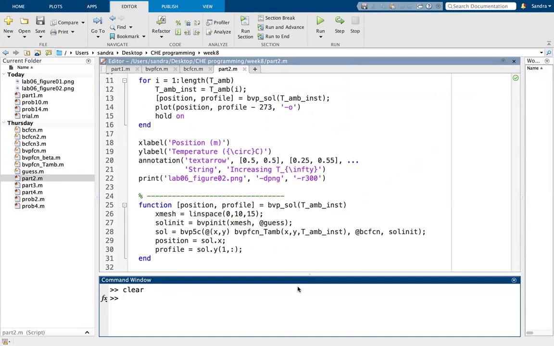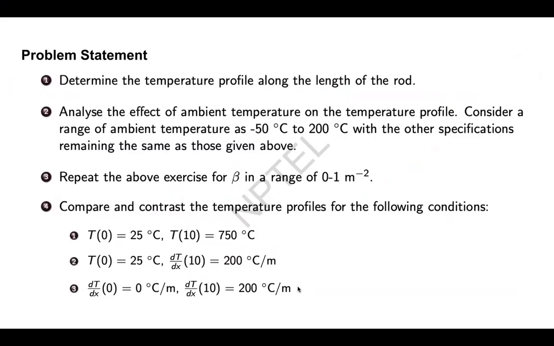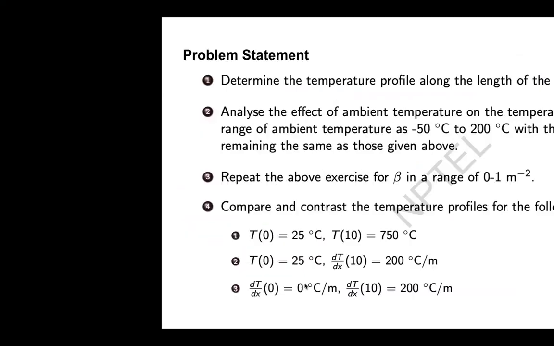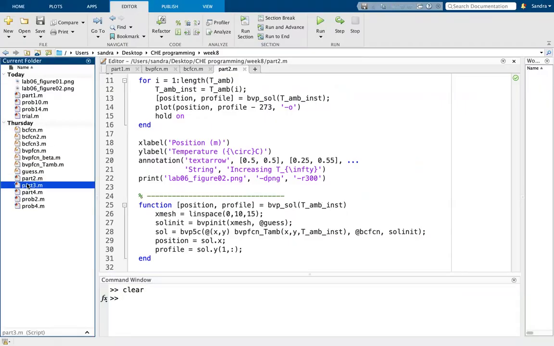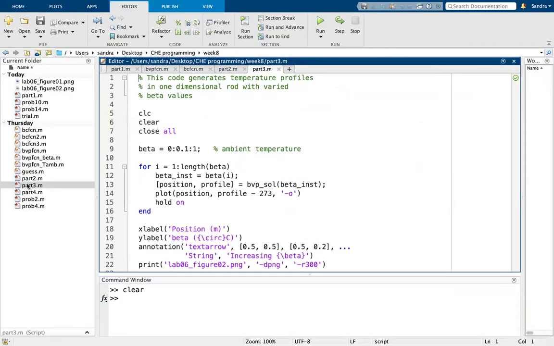Now moving on to the next part: repeat the above for different values of beta. This is similar to what we did for T ambient. Instead of looping over T ambient values, you loop over the beta values.